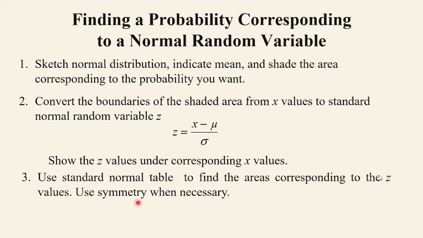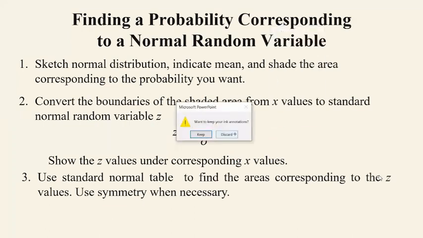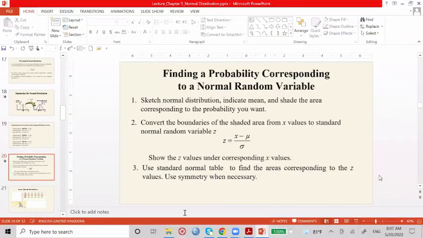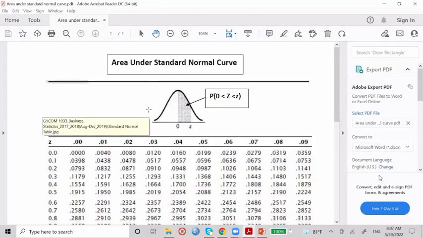Now you all have the standard normal table that was uploaded in the LMS. So you also take that table. This is the table we are going to use: area under the standard normal curve.